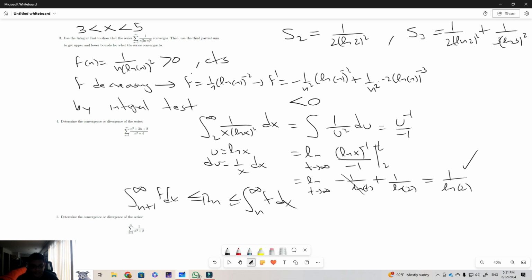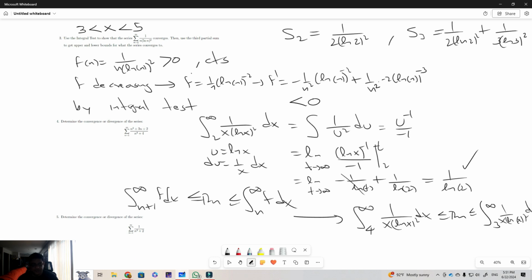And so for these bounds, I'm not going to repeat the calculations here, but since n equals 3, this is going to be the integral from 4 to infinity of 1 over x log of x squared, and then also the integral from 3 to infinity of 1 over x log of x squared.